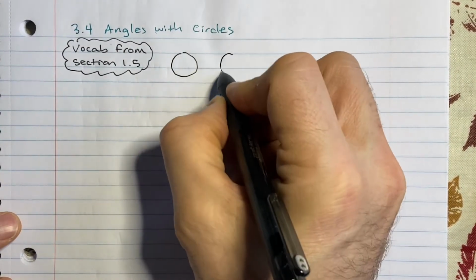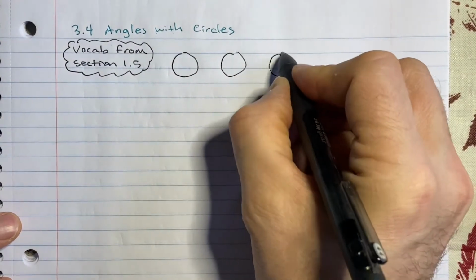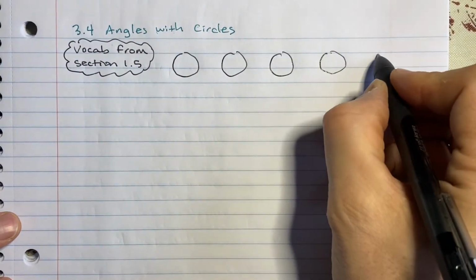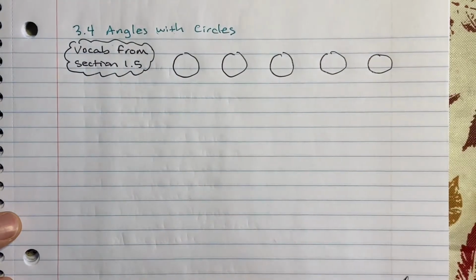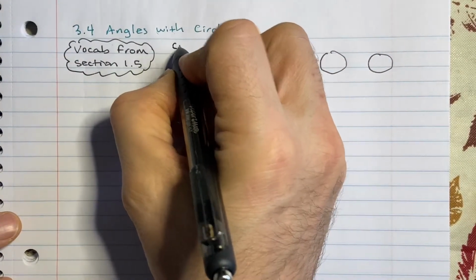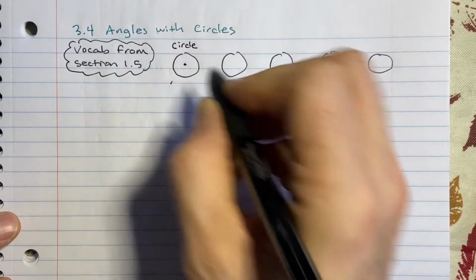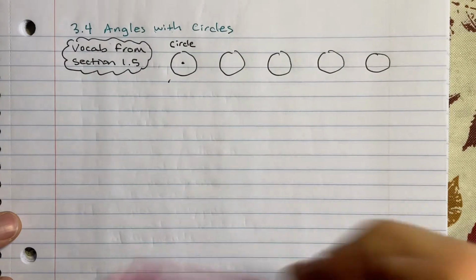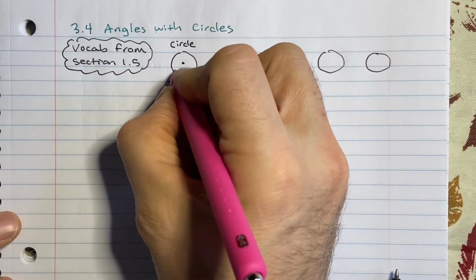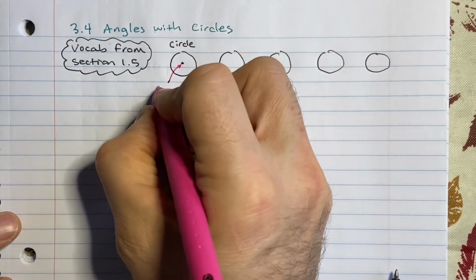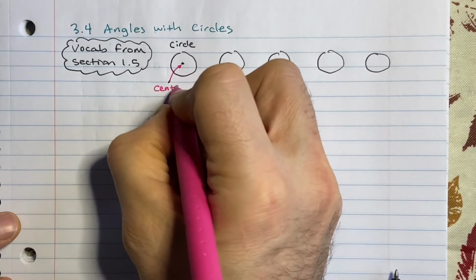So 1, 2, 3, 4, 5 pictures of circles. For our first diagram, we're just going to label that circle, and then draw the center of that circle and write the word center.